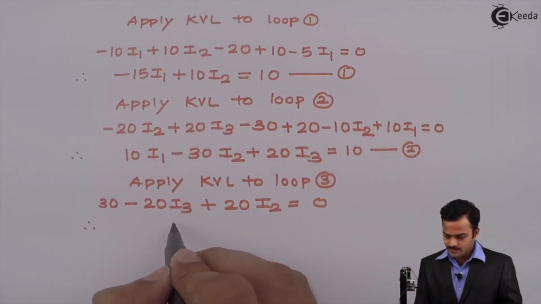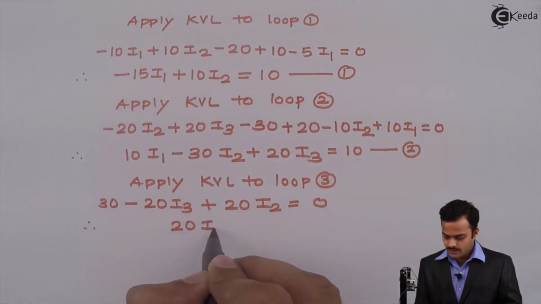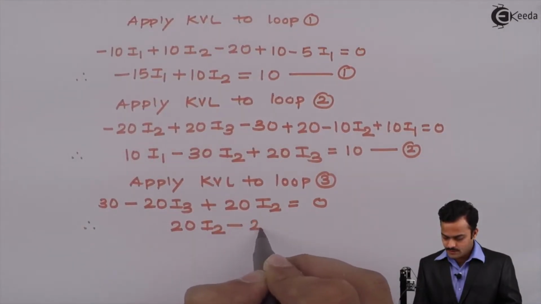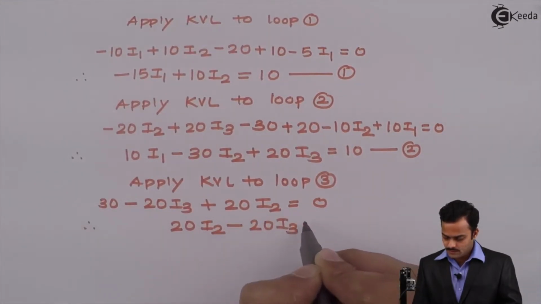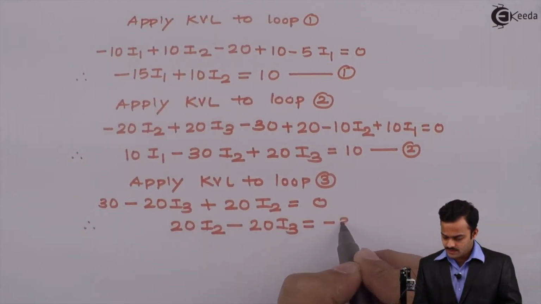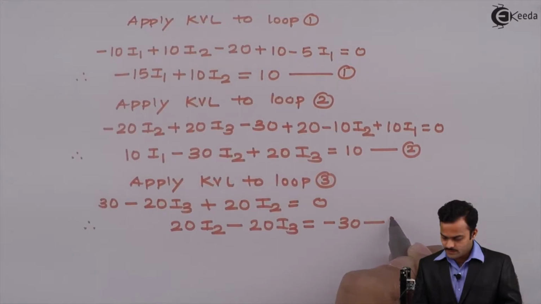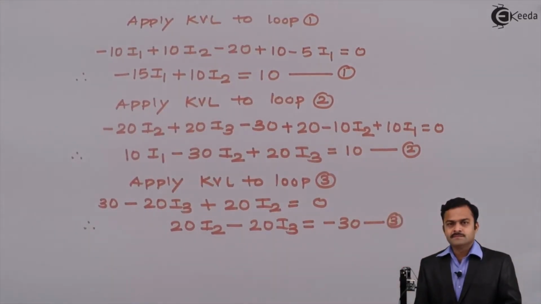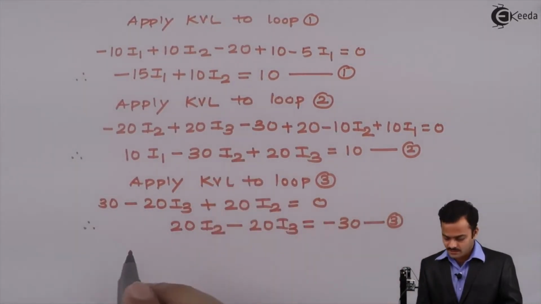If I rearrange the terms, I will get 20 I2 minus 20 I3 equal to, if I take this 30 on this side, it is minus 30. Equation number 3. So I need to solve these three equations.